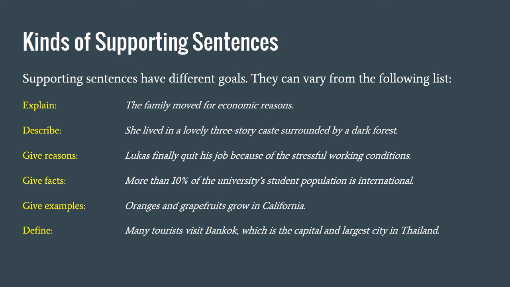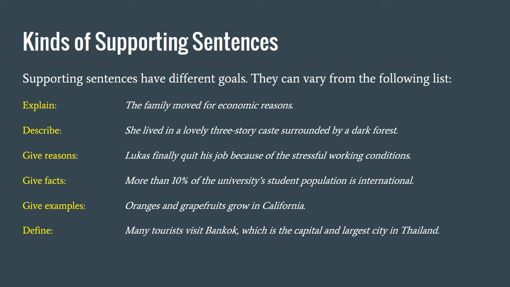Okay, if you haven't already guessed, there's lots of kinds of supporting sentences. Supporting sentences can have different goals, and they can vary from the following list. You may have something that explains, you may have a sentence that describes, gives reasons, gives facts, gives examples, defines. So let's look at some of these examples. Explain.